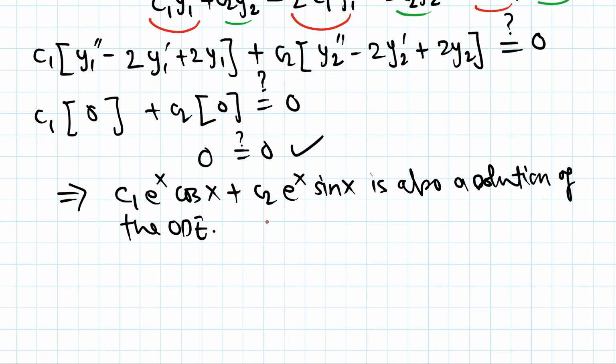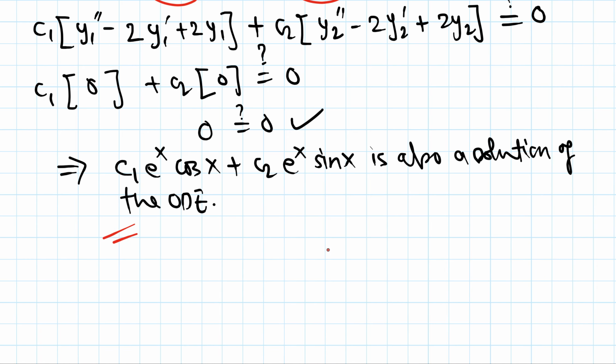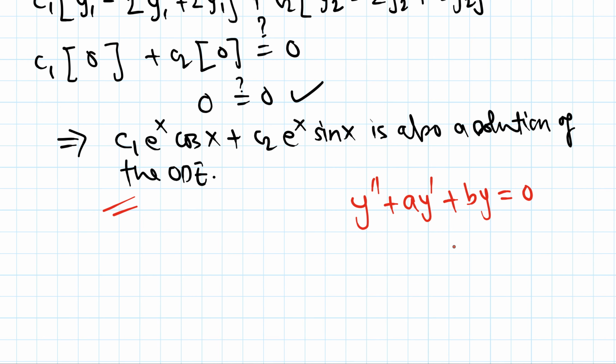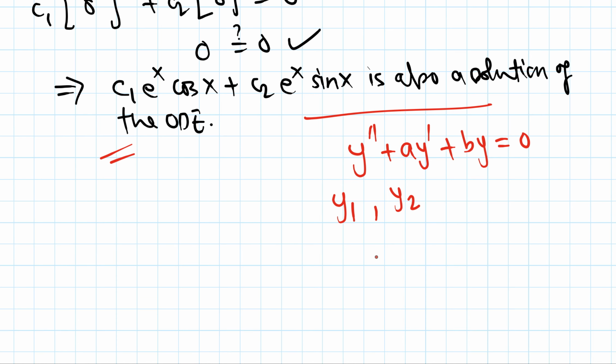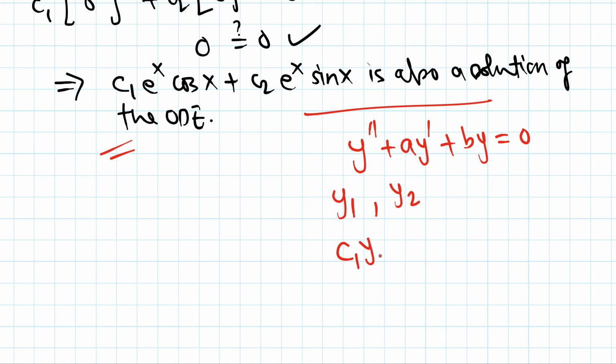Okay, so here's one lesson, by the way. When we have a homogeneous differential equation, y double prime plus a y prime, it could be a function as well, plus b y equals 0, where a, b could be functions, or constants. And if we have one solution y1 and y2 another solution, then any linear combination c1 y1 plus c2 y2, that is also a solution.